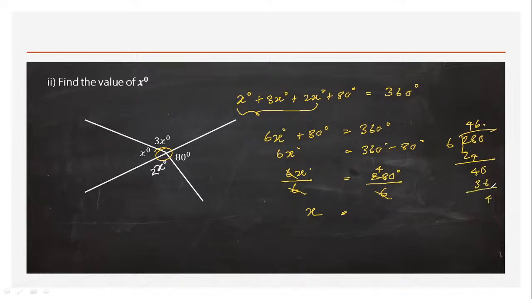For the remainder, again 40. 6 times 6, 36. Recurring, right? Recurring decimals. X is 46.66 degrees recurring. Find the value of X here.